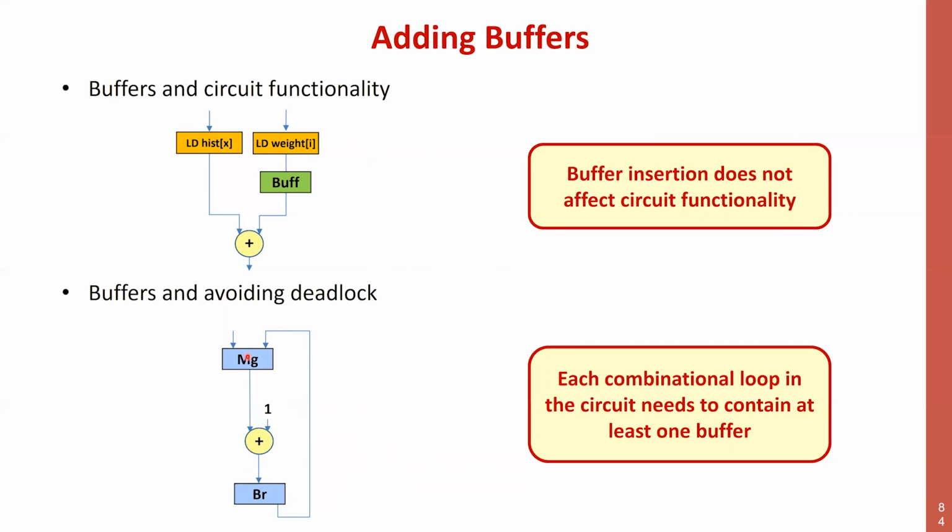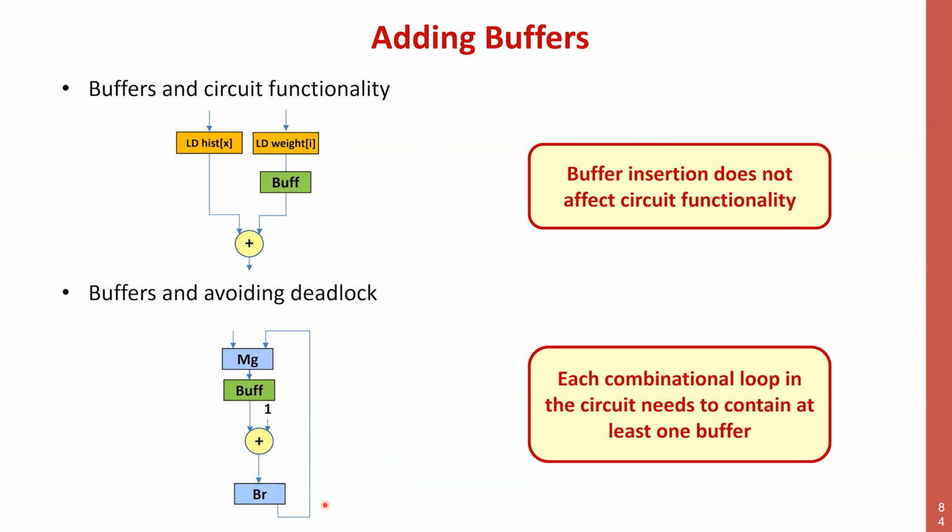And now if I take into account the fact that the merge is a combinational component and the branch is a combinational component, and any of these functional units are potentially combinational components too, I have a combinational loop here, which is one of the forbidden things of digital design. So the point is that I need to take any loop that I see, and I need to put a buffer to guarantee correct functionality.